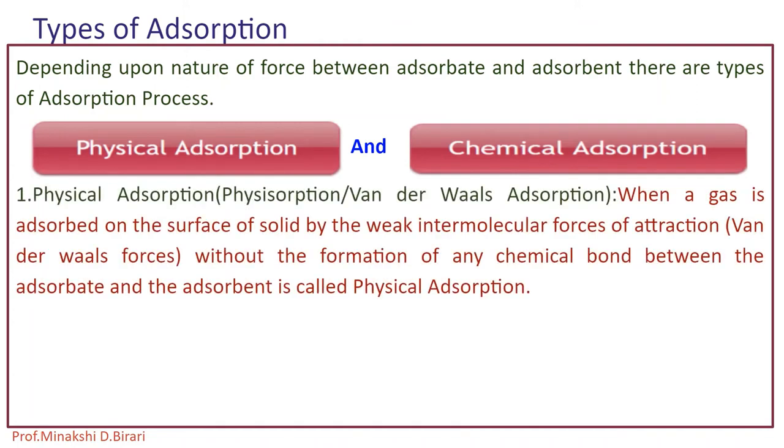First of all, what is physical adsorption, physisorption, van der Waals adsorption? The difference between these two types arises due to the nature of the forces which are responsible for adsorption. So we shall now discuss each of these two types together with their characteristics.